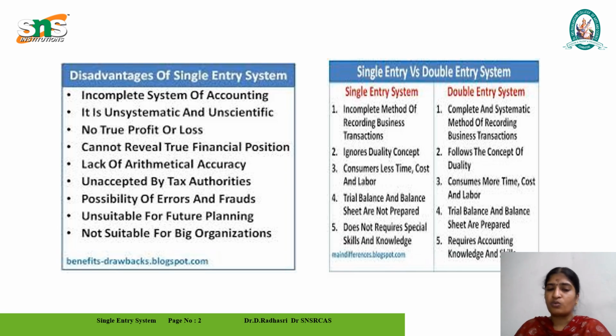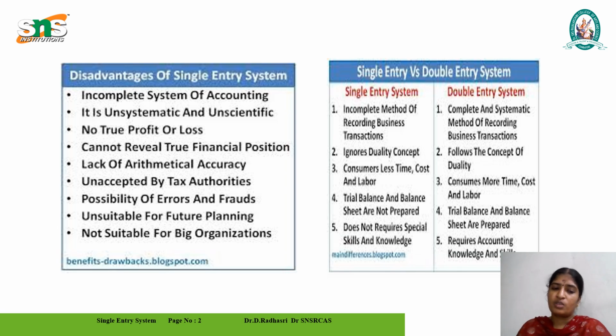Possibilities of errors and faults exist in the single entry system. Because it is a one-sided system, errors and mistakes can easily occur, or they can be converted into faults. It is unsuitable for future planning. We cannot work out the future plan in the single entry system because it is unsustainable.